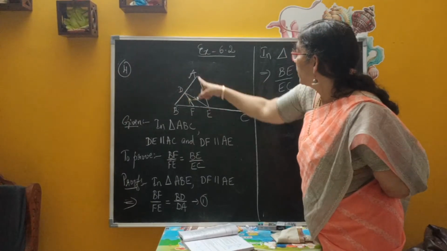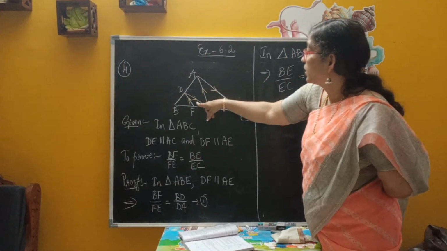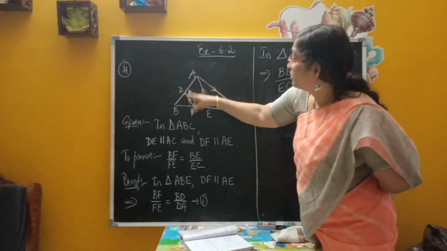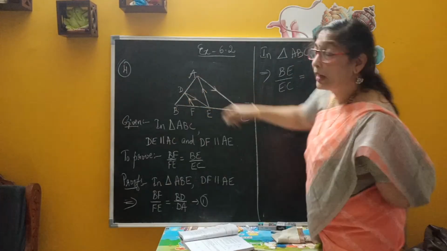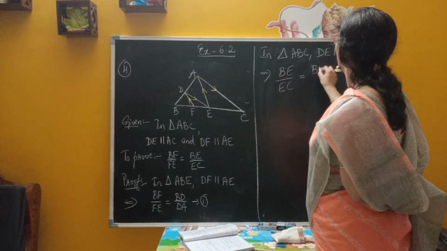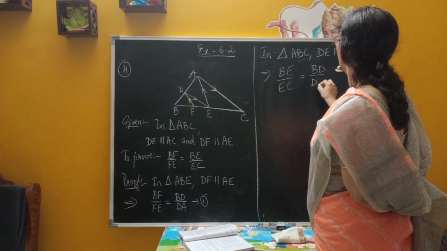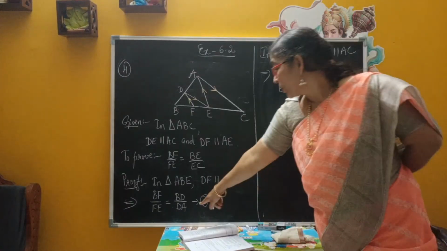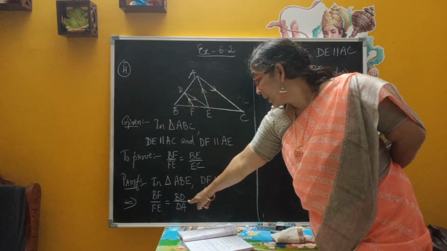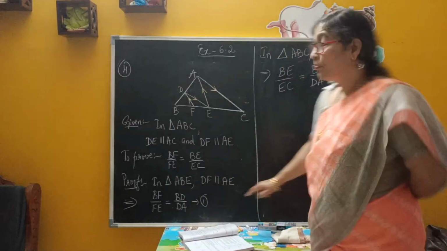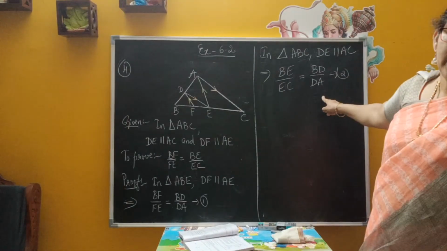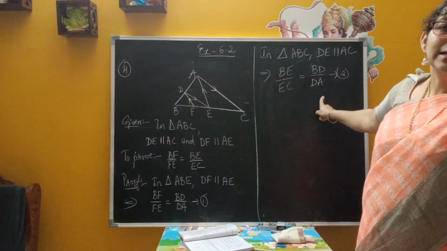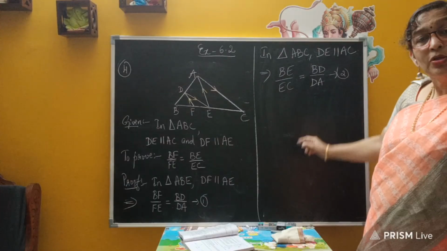See, that's why I have used different colors. ADE and AC are parallels, the orange color marks. Okay. So which are the segments? BD and DA. Okay, BD and DA. So what do you observe now? See, both the equations, here also RHS is BD by DA. Here also RHS is BD by DA. So what do you say about LHS? LHS are also equal.